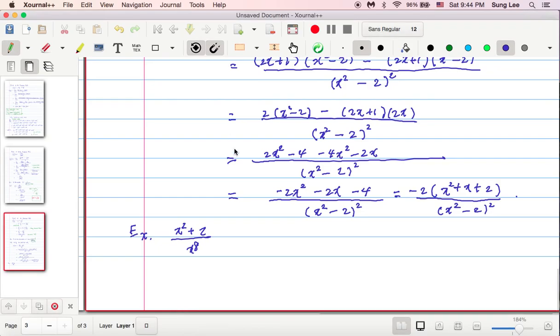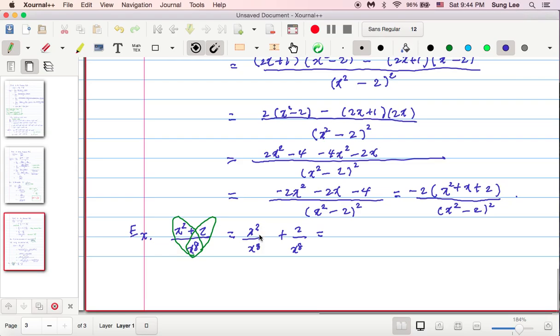Okay, so this can be written as, since x to the power 8 is a common denominator for both, we can actually separate them. So this is x squared over x to the power 8 plus 2 over x to the power 8.